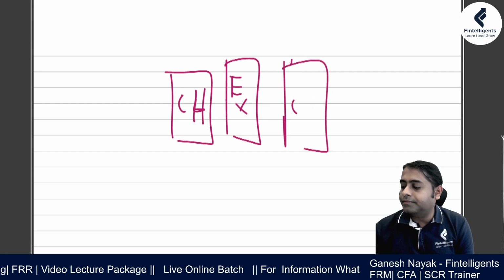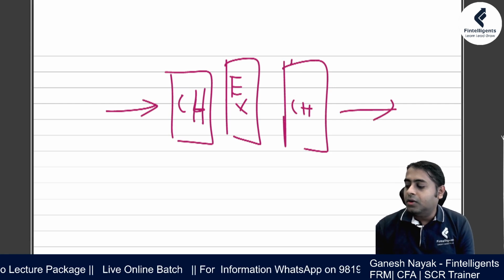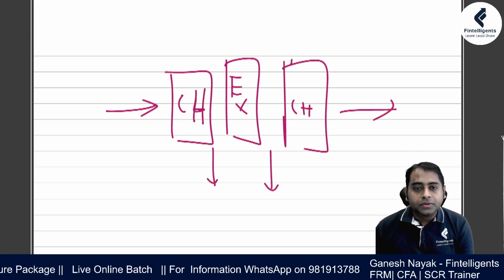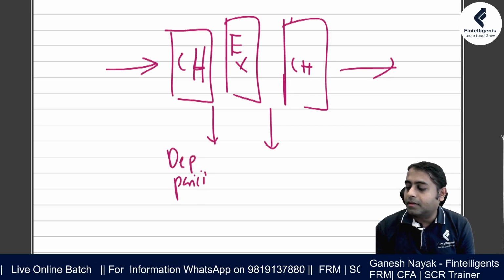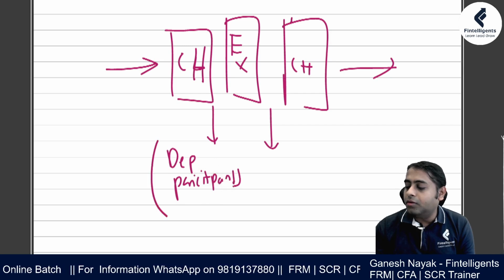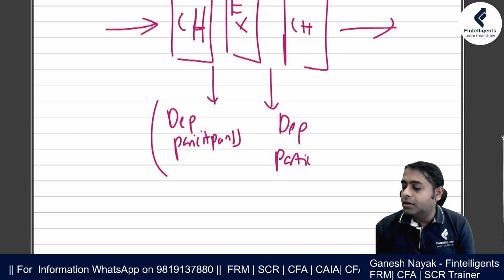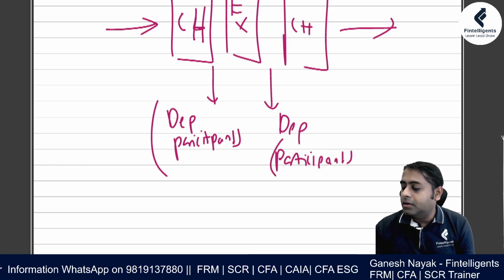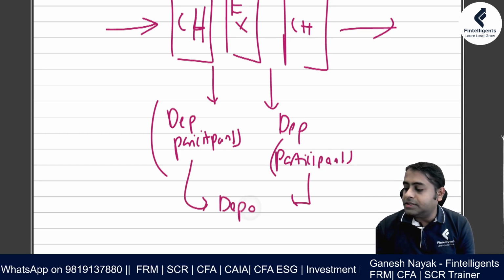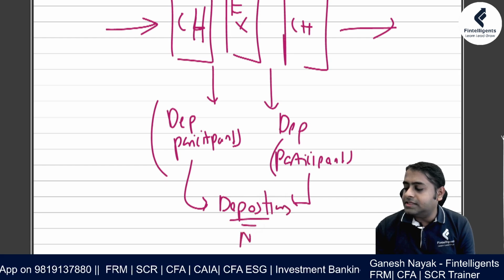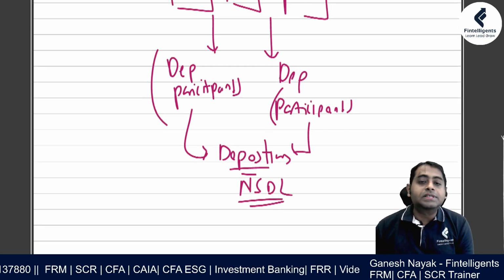Whenever the transaction happens, between this A and B, the exchange will give information to the depository participant on both the sides. They will pass on the information to the depository, like NSDL, right? NSDL.